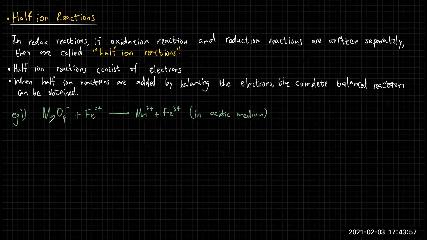That's important. Now, manganese goes from +7 to +2. So manganese is getting reduced. I will explain this to you step by step. In the other examples, you don't have to do it step by step like this.